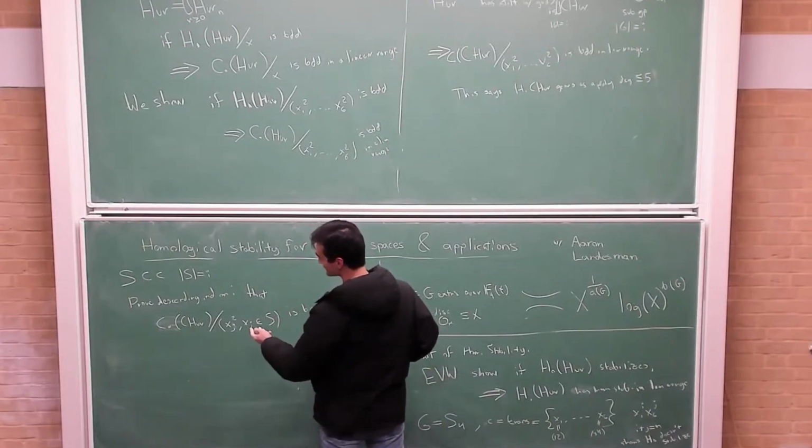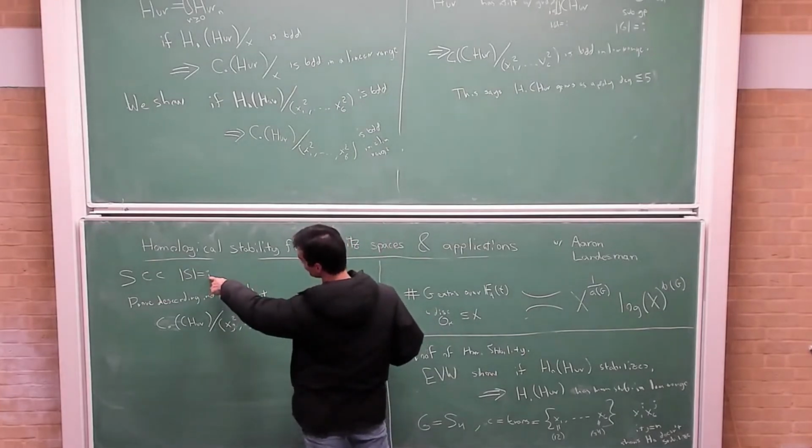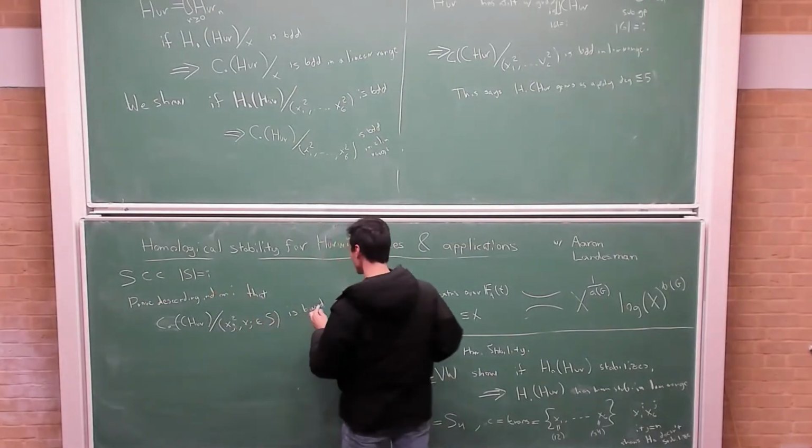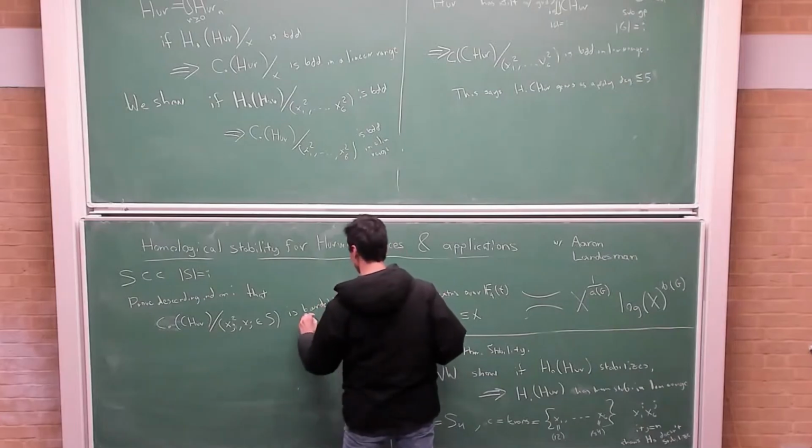That's saying that the homology grows as a polynomial of degree less than or equal to i minus 1. So this is what we want to prove inductively.